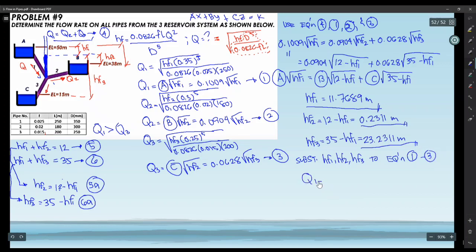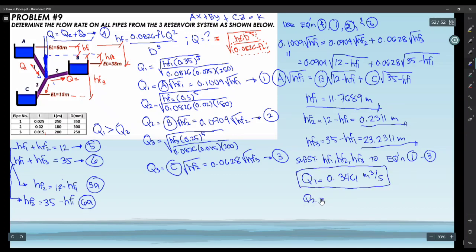So therefore, yung Q1 mo, that is just equals to alpha times the square root of HF1 or 11.7689. So nakuha kong flow rate kay Q1 is 0.3461 cubic meter per second.